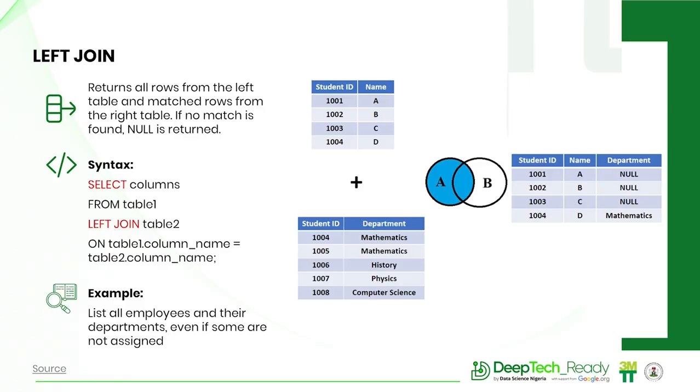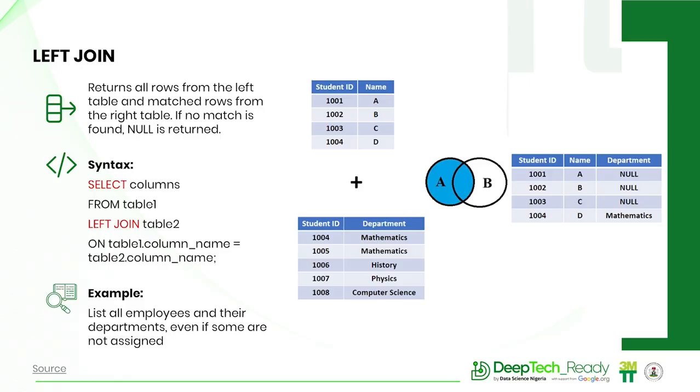For the syntax, we have select, you specify the columns that you want, and then from the table that you want to get your data from, then left join table 2, and then the relationship between them: table 1.column name equals table 2.column name. This allows us to specify the columns that form the relationship.